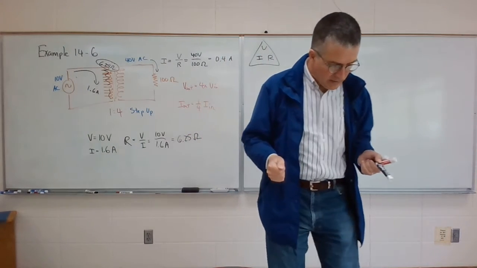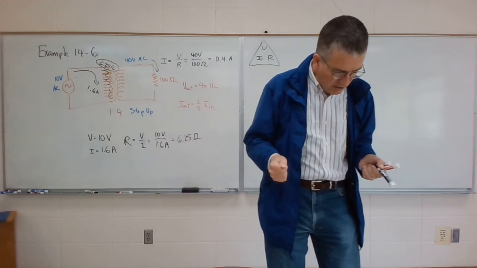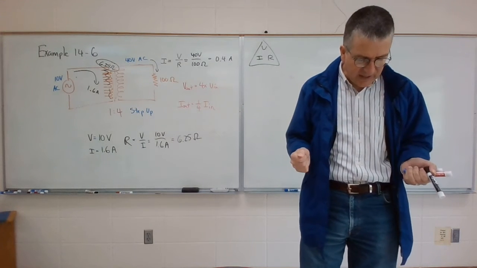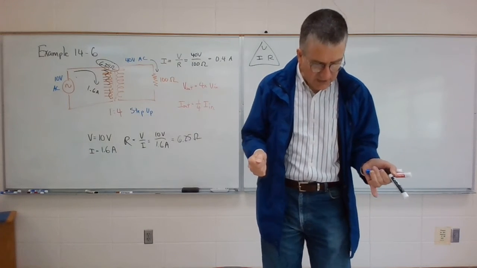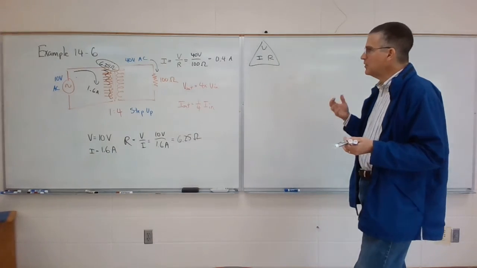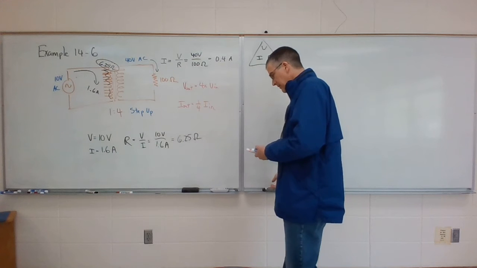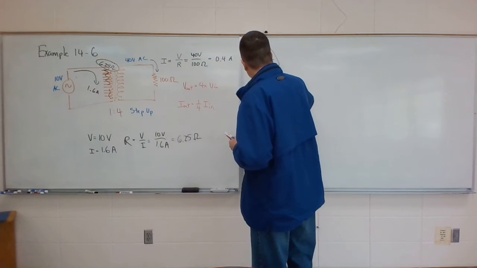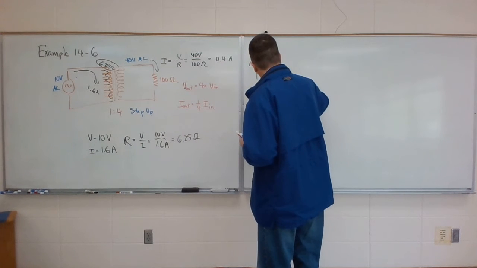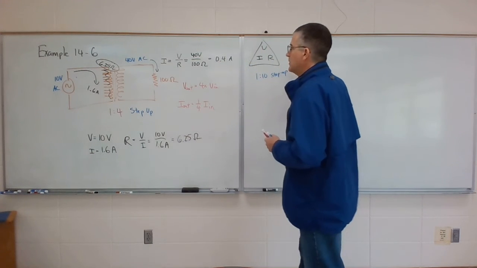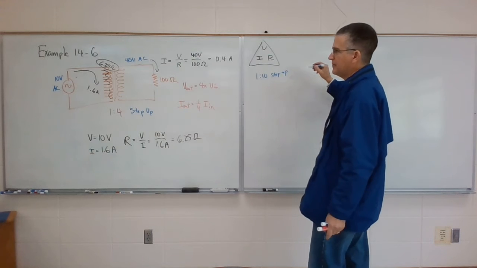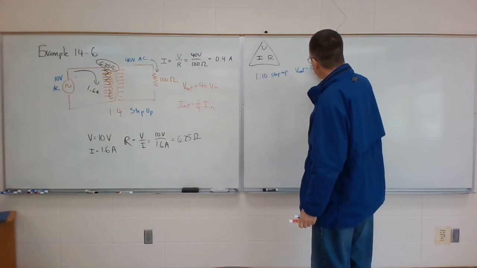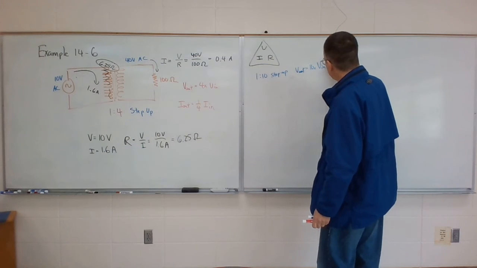Okay, so then it says, this is a related problem, if the turns ratio is 10 and the load is 600, what is the reflective resistance? So I'm going to do it the exact same way. Now I'm going to say it's 1 to 10 step up, which means that the voltage out is 10 times the voltage in.